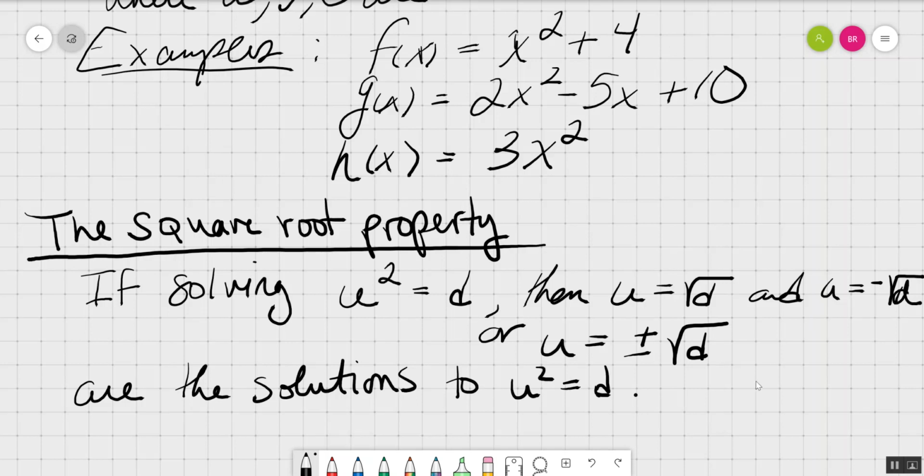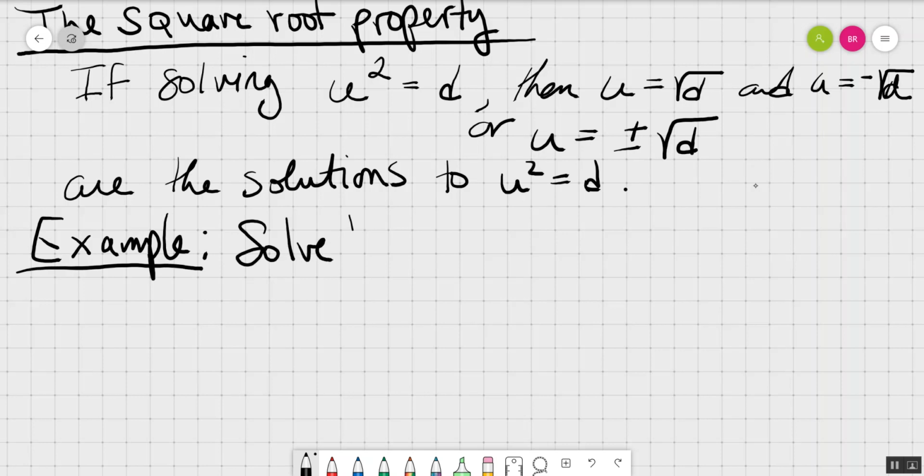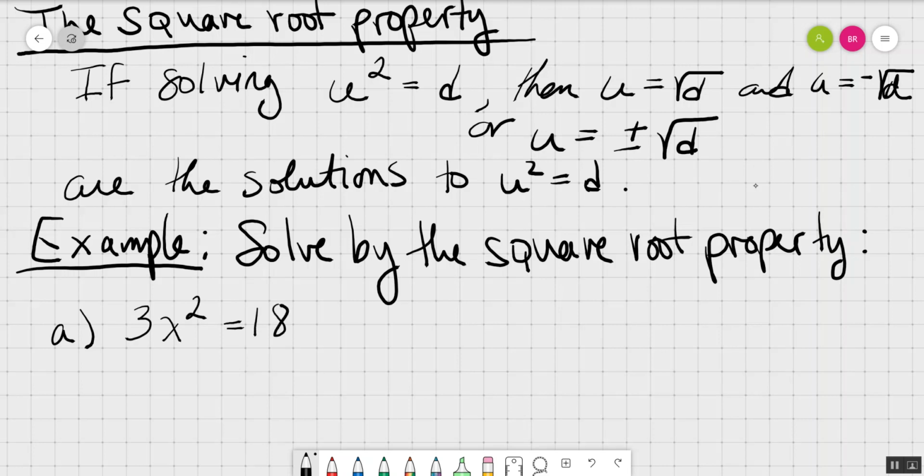Let's apply this property so you can see how it's used. Like I said, I did use it a little bit in the previous section without really alluding to why we need it, but we'll use it right now. So we're going to solve by the square root property. So first up, let's look at 3x squared equals 18.